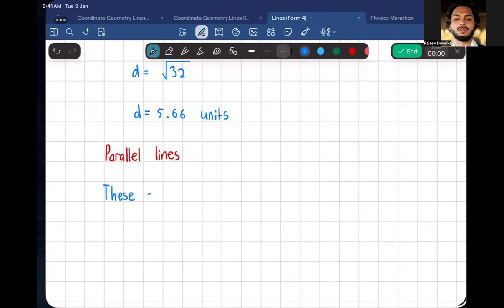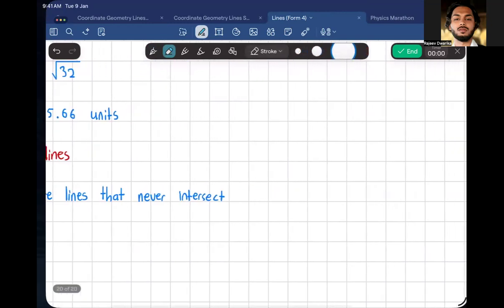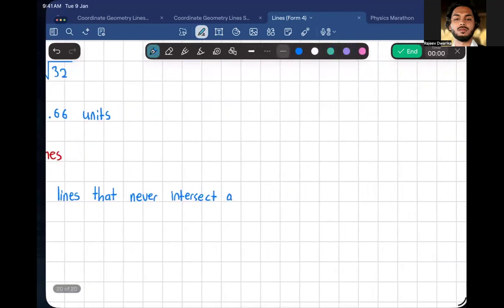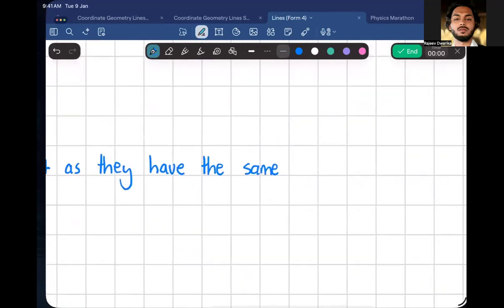These are lines that never intersect, because they have the same gradient.